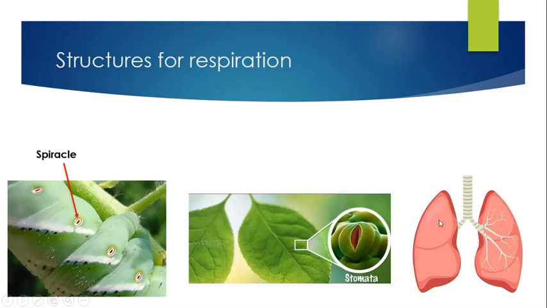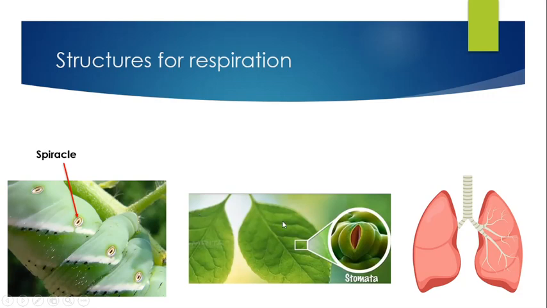These two lungs have a specific function, which is the exchange of gas: inhalation of oxygen into the lung, and exhalation of CO2 or carbon dioxide to the outside of the body. So this is a good adaptation for our body to carry out respiration.